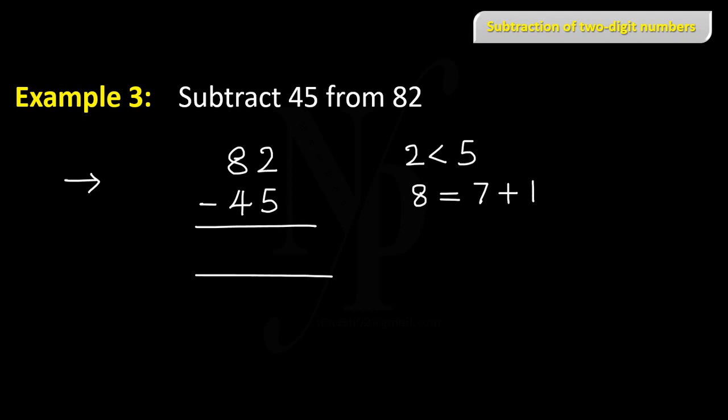These 8 tens can be written as 7 tens plus 1 ten. So this 1 ten we will borrow to this ones column. So I will strike out this 8. It becomes 7 now, 7 tens, and 1 ten is given away to 2 here. So now this 2 becomes, after borrowing 1 ten, it becomes 12. So we have to now subtract 5 from 12.